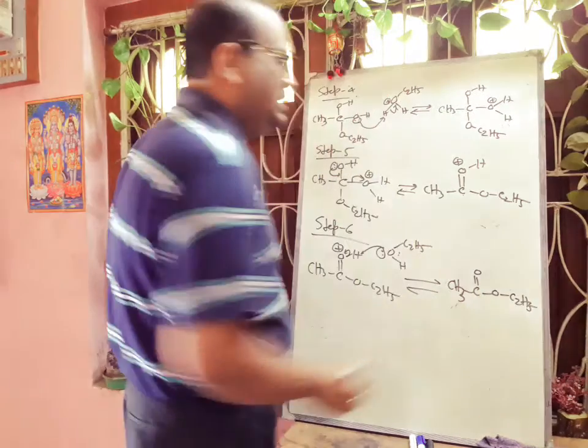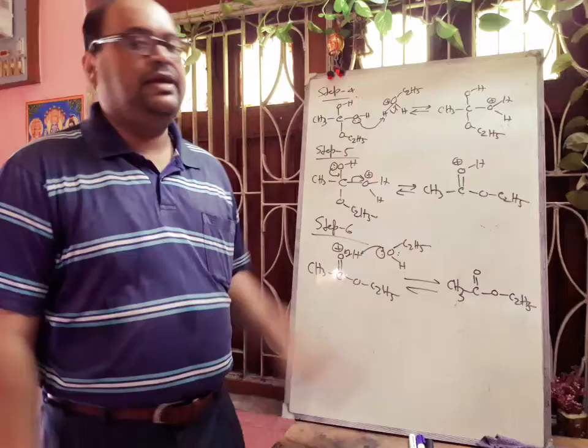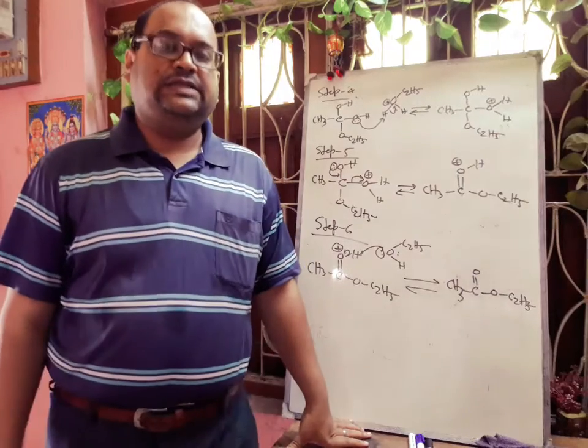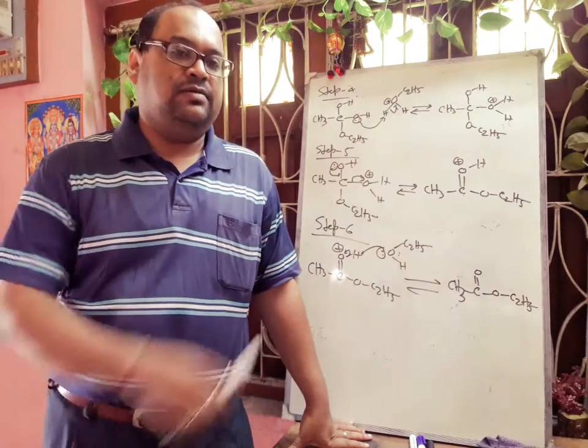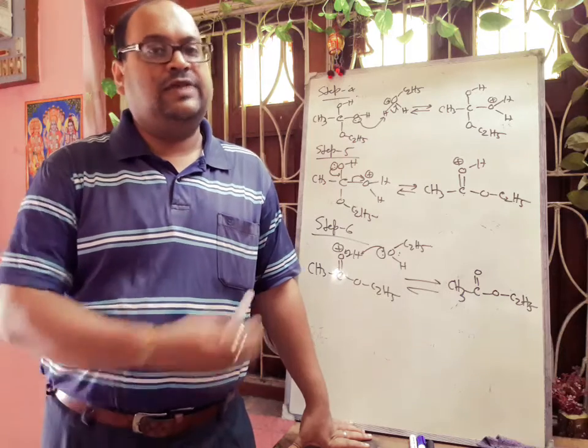This one is nothing but ethyl acetate. So in this way we have completed the mechanism of esterification, which contains 6 steps. So if you practice, it will be very easy for you.